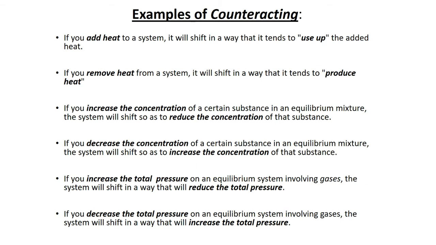For example, if you add heat to a system, if you heat it up, and that system's at equilibrium, then that system's going to try and cool itself back down. So it's going to try and undo that change that was done. If we increase the concentration of a species in a system at equilibrium, then that system's going to try and reduce the concentration. It's going to try and use up what we add, that sort of thing. So don't worry about memorizing these all on this slide. We're going to see many of these in more detail.